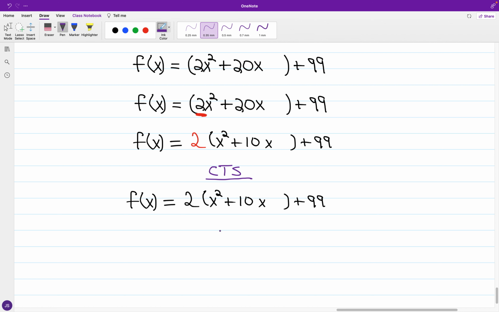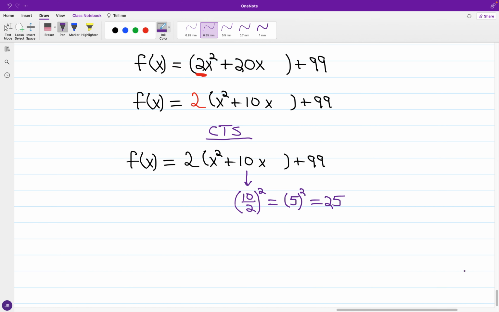Once the leading term in the parentheses is x squared, I take the coefficient of the first order x term, which in this case is 10. Again, divide by 2 and square. So half of 10 is 5, and 5 squared is equal to 25.